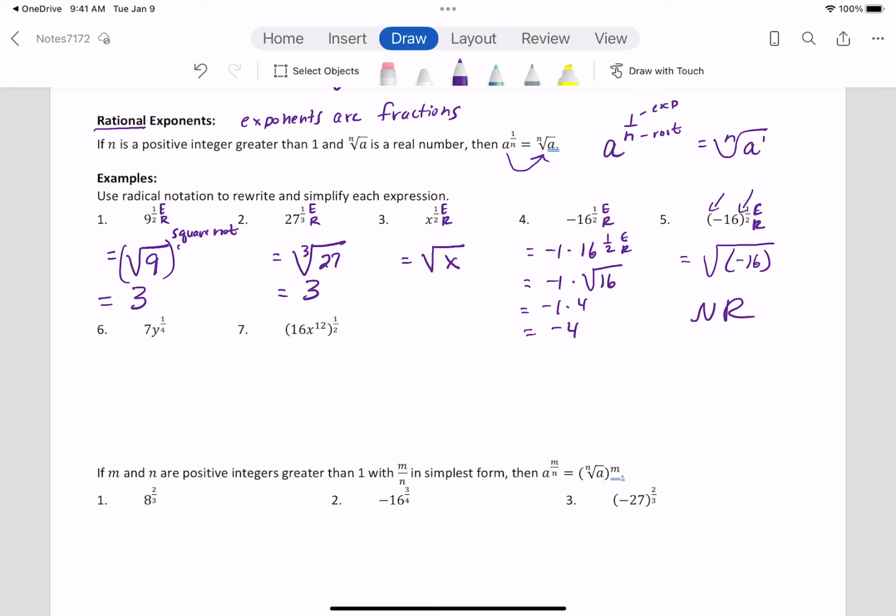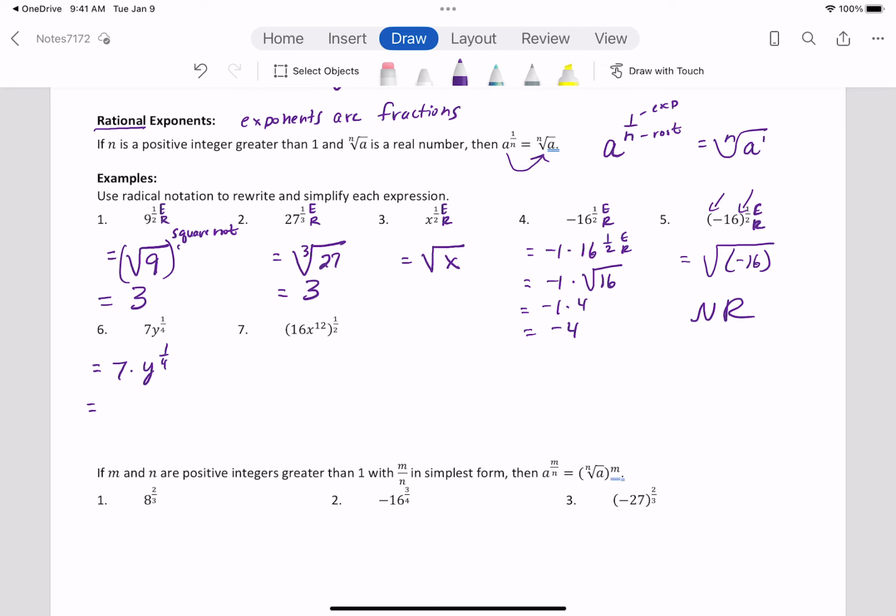Alright, for the next one, this one is kind of similar to 14, we just don't have the negative in there. But we can write this as 7 times y to the 1/4. So a lot of this is about what the base is and what has to go under the radical and what does not.